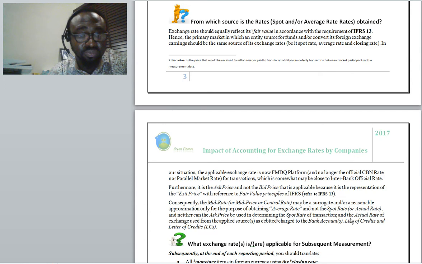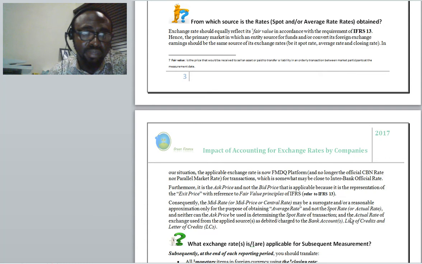In our situation, that is the Nigerian situation, the applicable exchange rate is probably the FMDQ platform, as it is deemed that the CBN rate has been collapsed onto the platform, and we are not to use the parallel market rates for transactions.